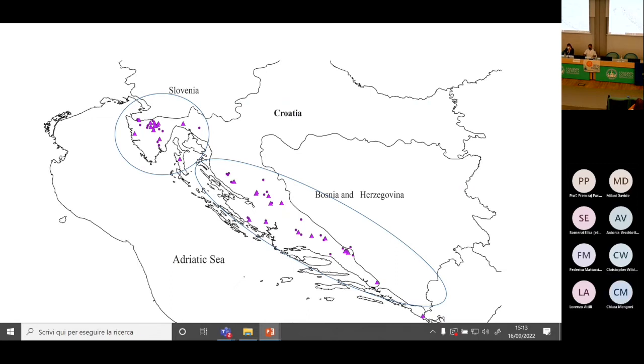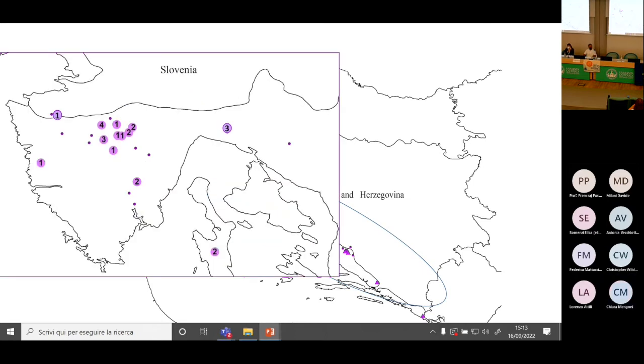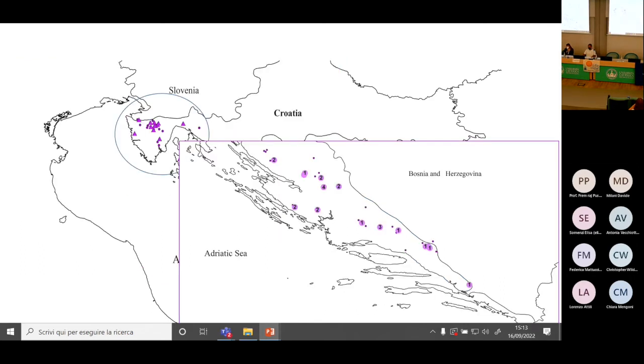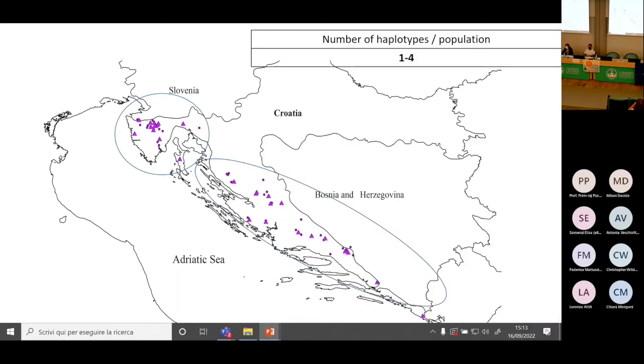Since the Croatian coast is long, not as long as the Italian one, I divided it into parts. So this is the situation in the Northern Adriatic, and this is the situation in the Middle and Southern Adriatic, and the number of haplotypes per population in studied populations ranges from 1 to 4.